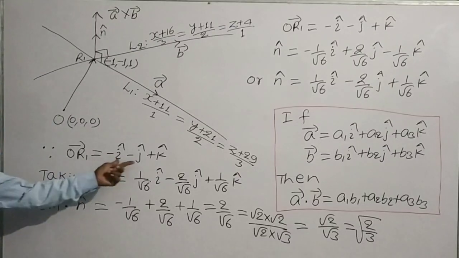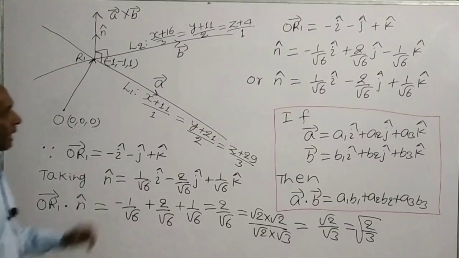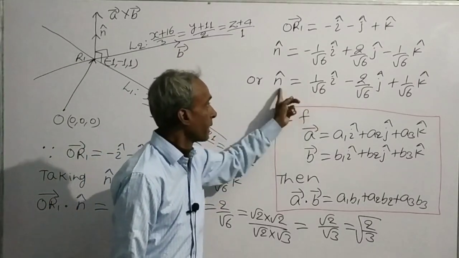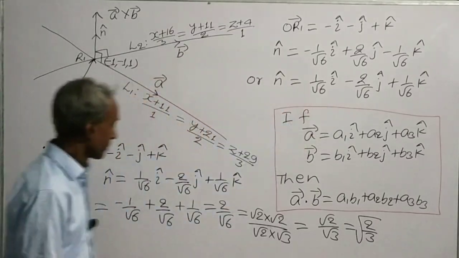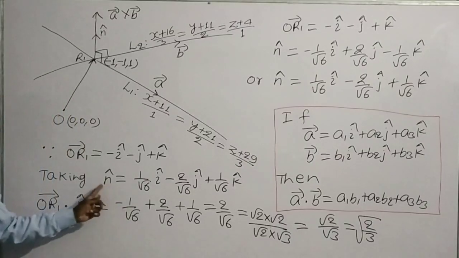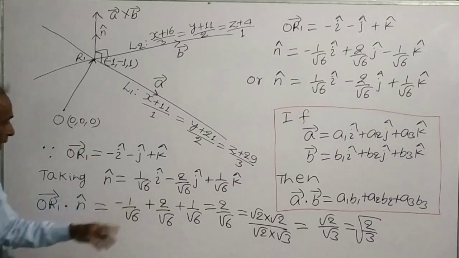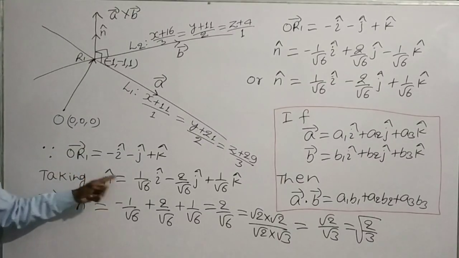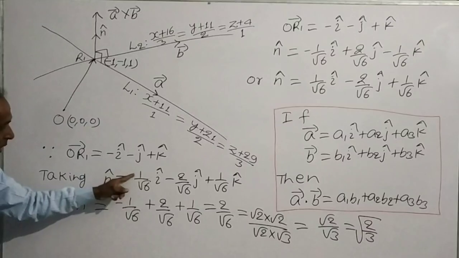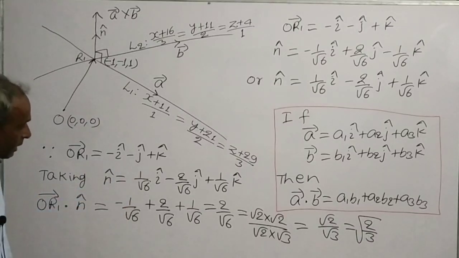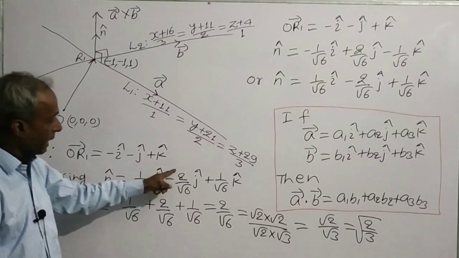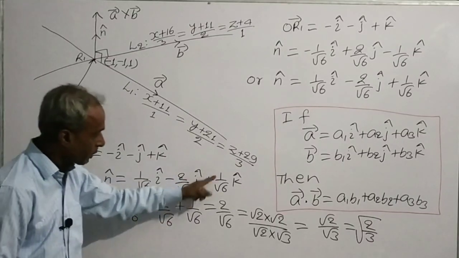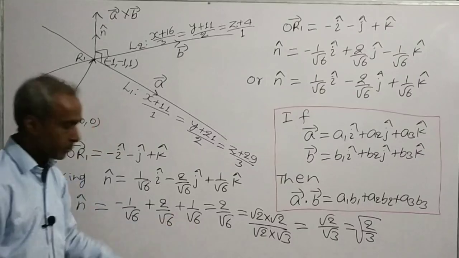Since vector OR1 is equal to this, and if we take this value of n cap, then vector OR1 dot vector n cap will be -1 times 1 by root 6 plus -1 times -2 by root 6 plus 1 times 1 by root 6.